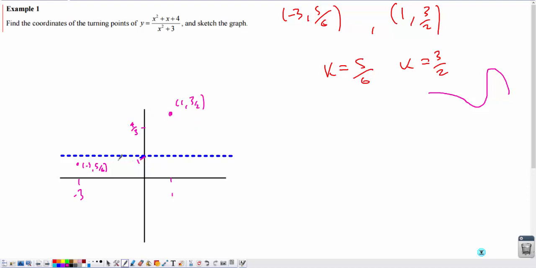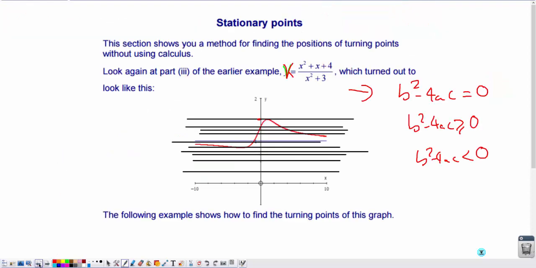It approaches here from below and turns here. It has to go through that intersection point. Be careful that you don't add any more turning points. It turns there and gives us that graph.